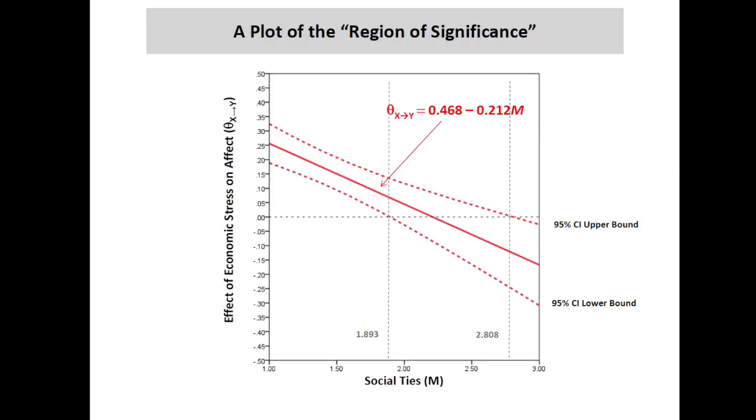So what I see happening here is that among those who are relatively less connected in the business community, they're feeling these positive effects of stress. The people who are more connected aren't. Okay, so that's pretty neat. It allows us to wash our hands entirely of the arbitrariness of the choice of them. Instead, we just analytically figure out what are those regions of significance. As you'll see after lunch, it may be that there are no regions of significance, or no points of transition, and there are a number of possible things that can occur to make no points of transition.